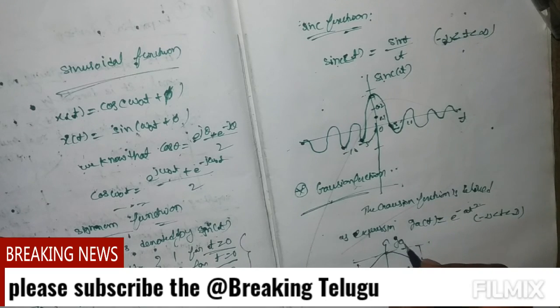The graphical representation of the Gaussian function is 0, 1, 2, 3, minus 1, minus 2. This is a Gaussian function.